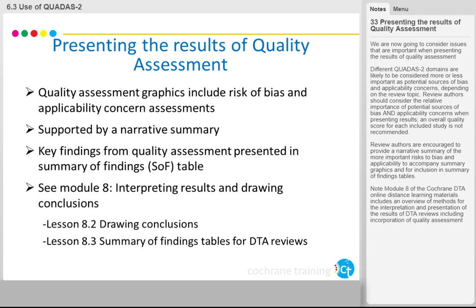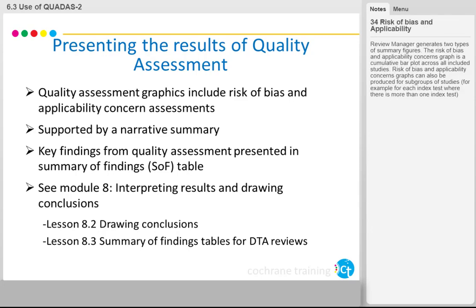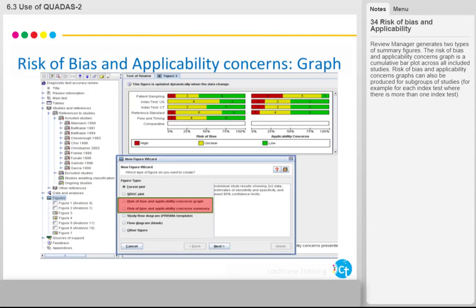Note that Module 8 of the Cochrane DTA online distance learning materials includes an overview of methods for the interpretation and presentation of the results of DTA reviews, including incorporation of quality assessment. Review Manager generates two types of summary figure. The risk of bias and applicability concerns graph is a cumulative bar plot across all included studies.